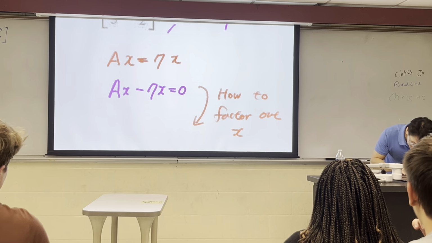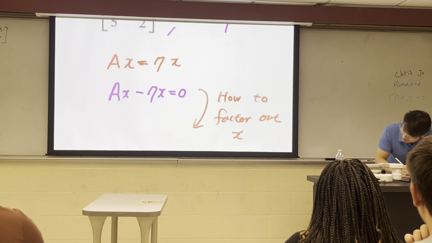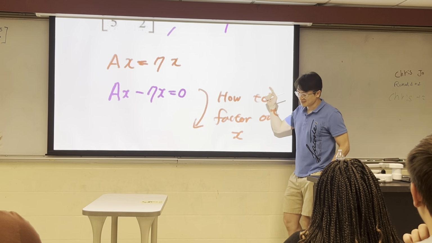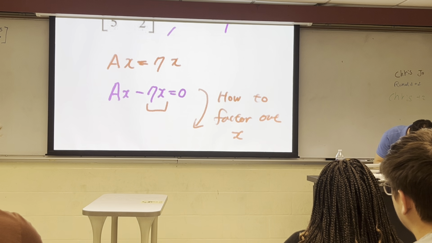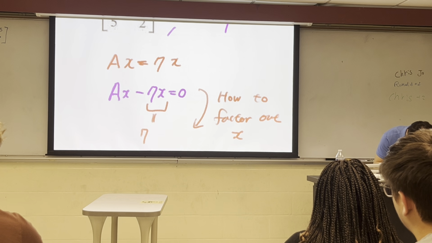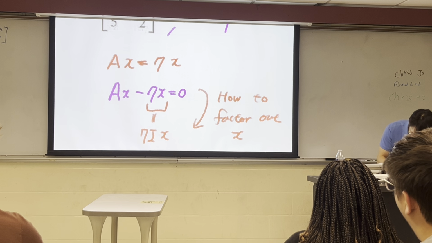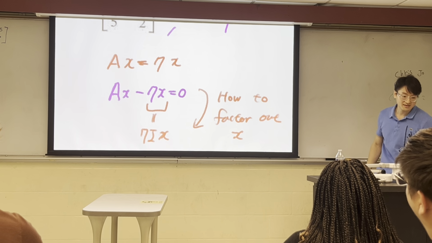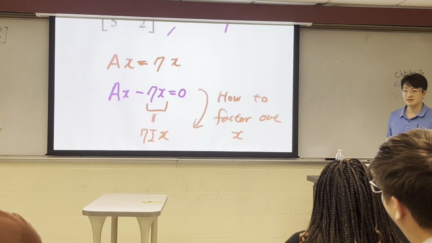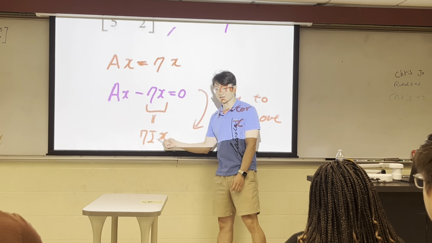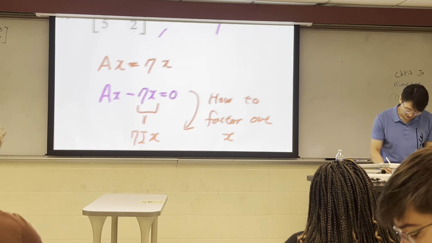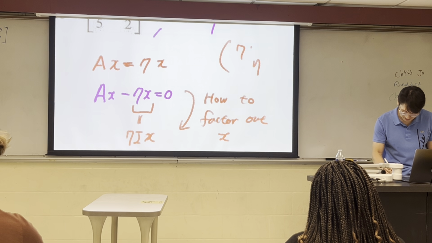Okay, great job. This thing is 7 times I times x. What is 7I? You have 7, 7, 0, 0.